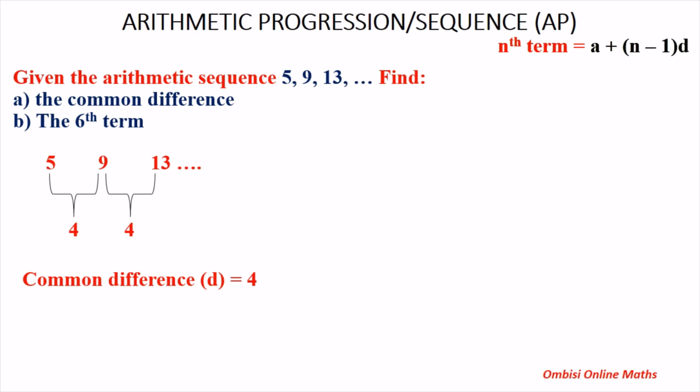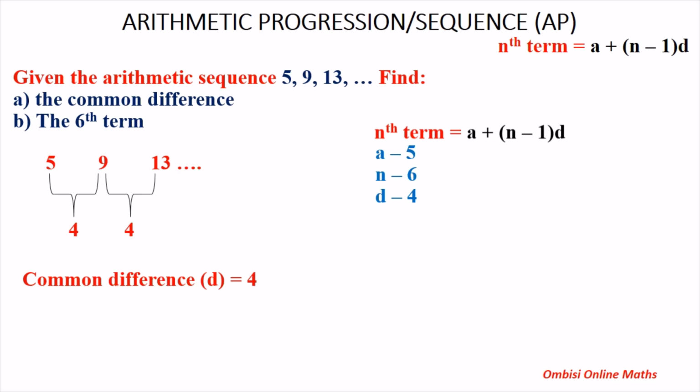Now, we know that for us to tackle the second bit of the question that requires us to calculate the sixth term, the nth term of any arithmetic progression is given by a plus (n minus 1) into brackets d. So from here we can establish that a is 5, n is 6, and d is 4.